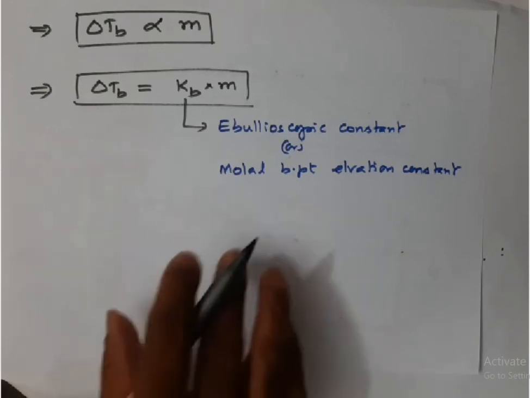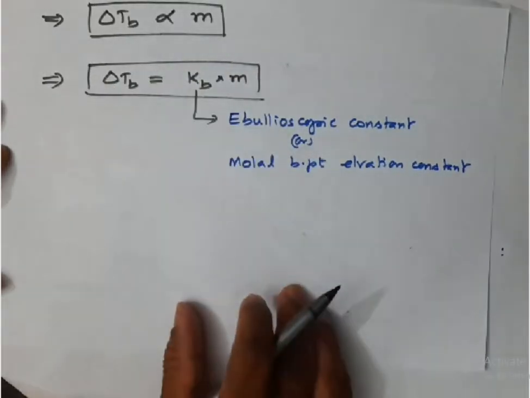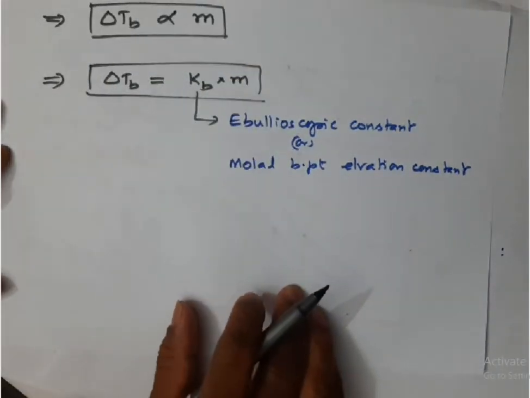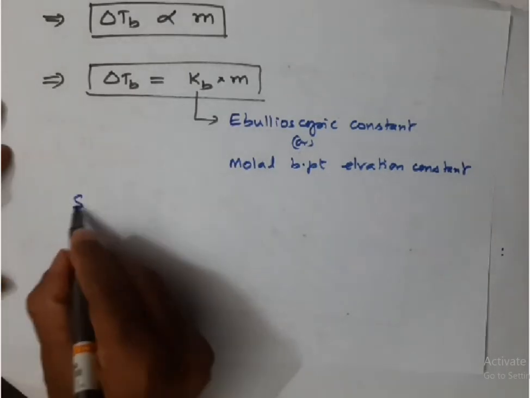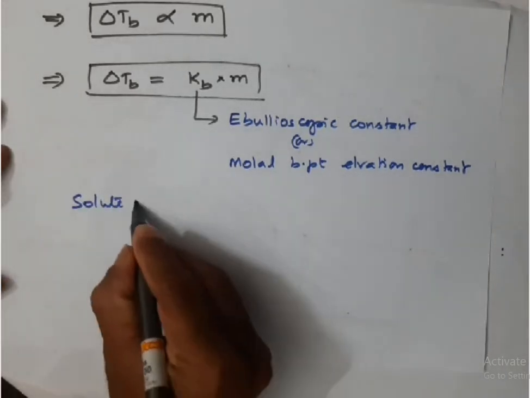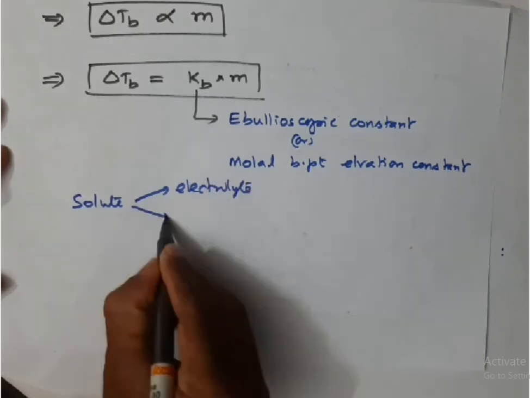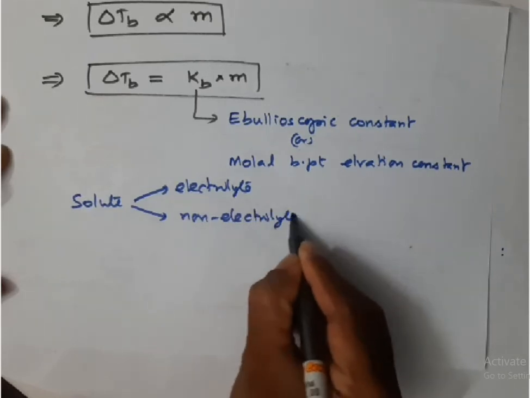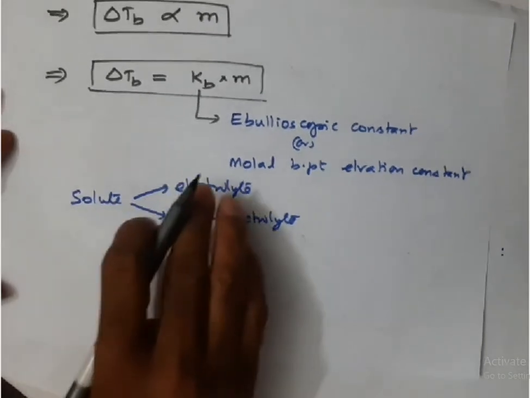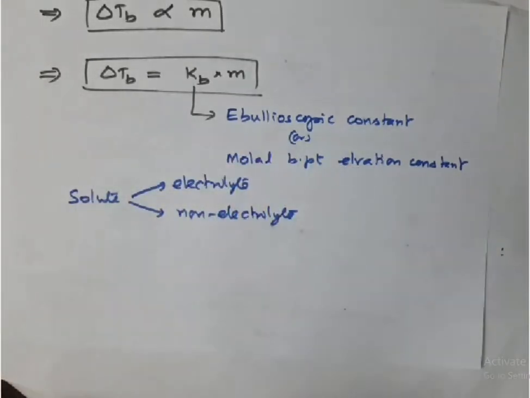Okay, students, this is the usual representation, but depending upon your solute, your solute may be an electrolyte. Your solute may be a non-electrolyte. So depending upon whether the solute is an electrolyte or non-electrolyte, the number of particles will change.